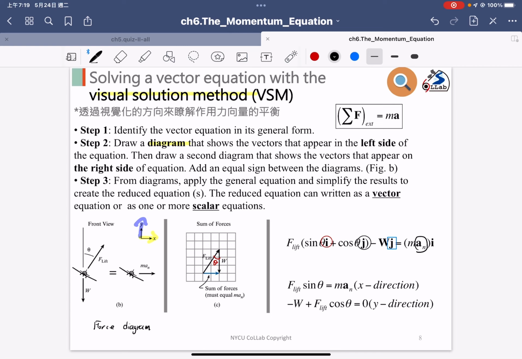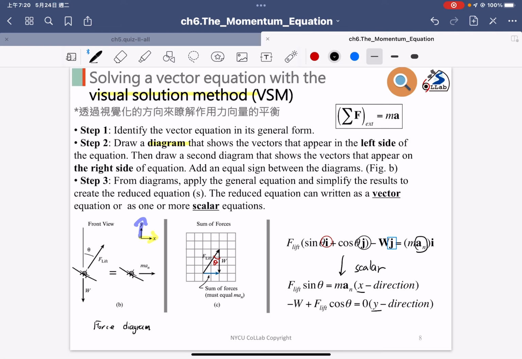So finally, we can divide the vector equation into scalar equations. So the vector equation becomes scalar equations, and we only focus on the x direction and the y direction. Okay, and then we can discuss the force balance. For the y direction, the sum of the external force is equal to 0, so we don't have acceleration along this direction.